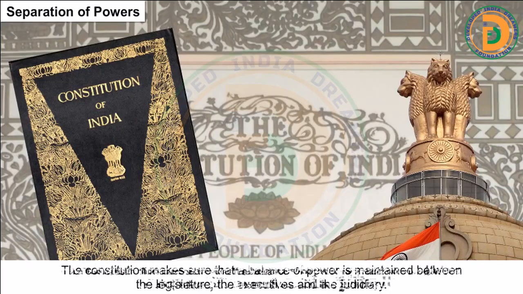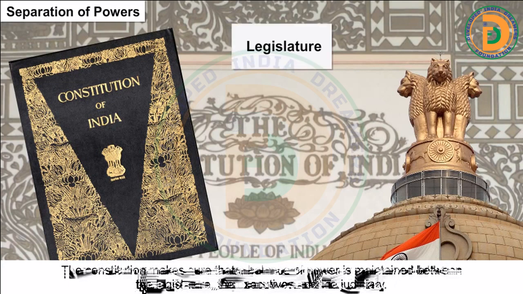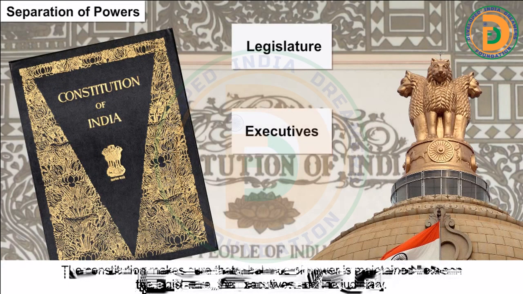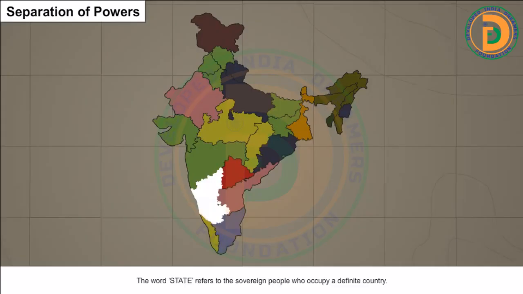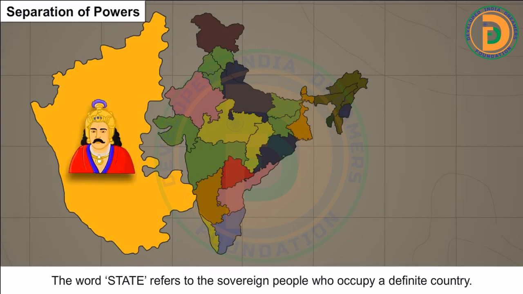The Constitution makes sure that a balance of power is maintained between the legislature, the executive, and the judiciary. The word state refers to the sovereign people who occupy a definite country.